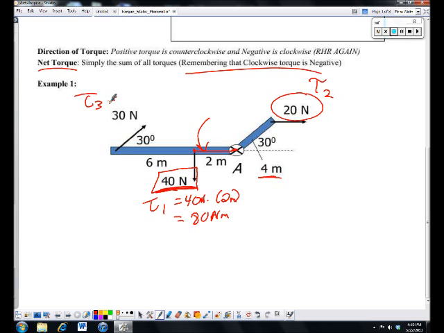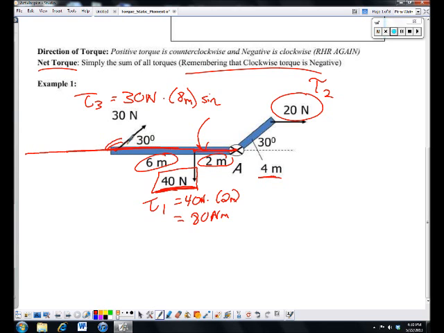Now, over here, I've got 30 newtons of force at a radius of 8 meters from the center of rotation. And then I have an angle. Now, your angle is always marked off the radial line. So if you extend the line from the radius to the point of your force, you can mark it.